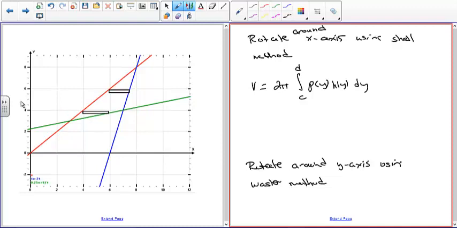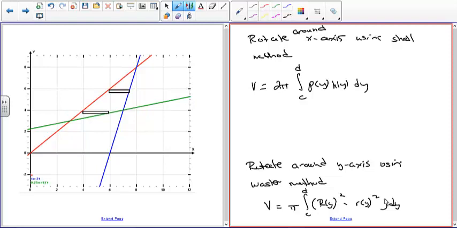The washers are going to be stacked on top of each other. And the volume is equal to pi times the integral from c to d of capital R of y squared minus small r of y squared times dy.